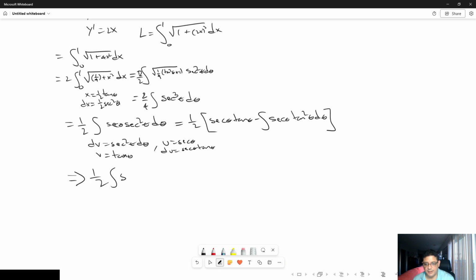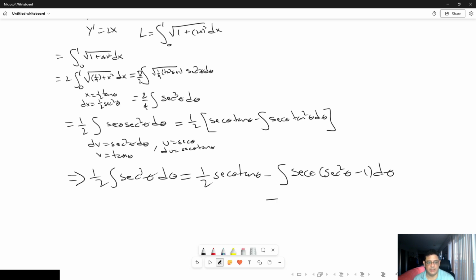So 1/2 of the integral of secant cubed is equal to 1/2 secant theta tangent theta minus, and then here we can see this as the integral of secant of theta times secant squared minus 1 d theta. And so notice that this is really minus the secant cubed integral and plus the integral of secant of theta.